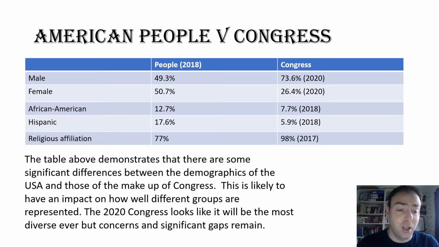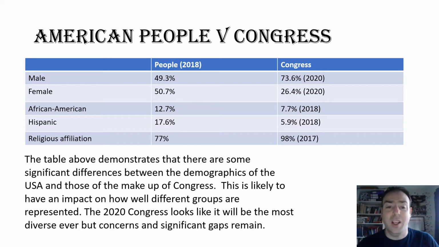We can see similar things based on race. Both African Americans and Hispanic Americans are underrepresented, and this was the case in 2018. There has been some improvement in 2020. I haven't got the exact numbers yet, but again, they could become freely available over the next few months.